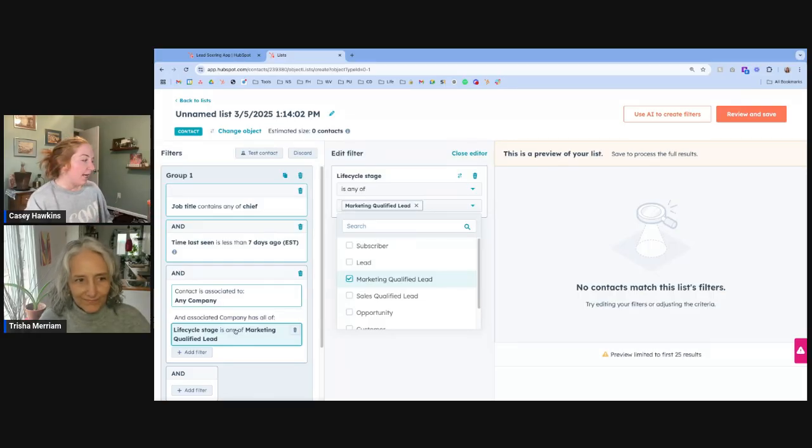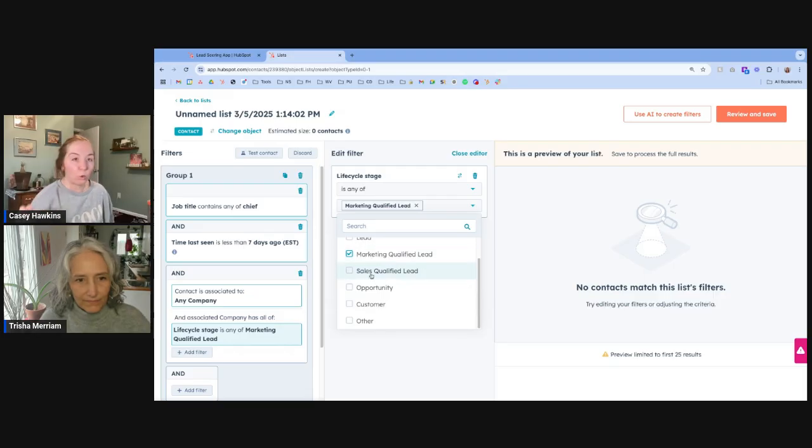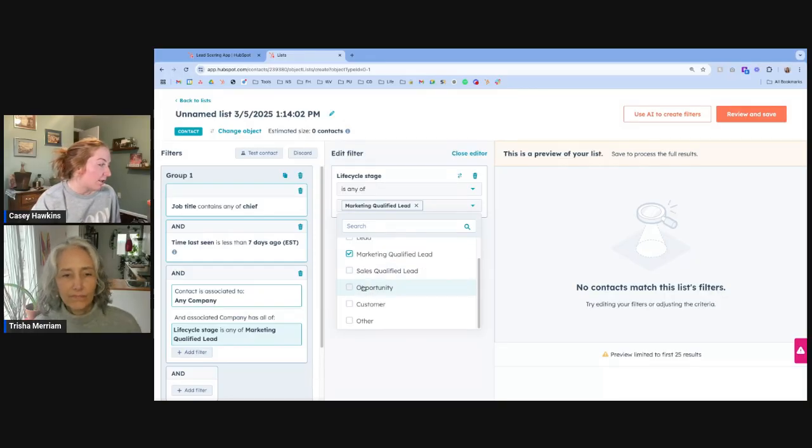And there are some organizations where I might say marketing qualified or sales qualified here, and even opportunity potentially if it's a closed lost opportunity. That's all going to depend on how you're organizing that. Closed lost opportunities, I could probably go on a long tangent about. Definitely keep an eye out for those as well. But I think these are all things you might want to filter.